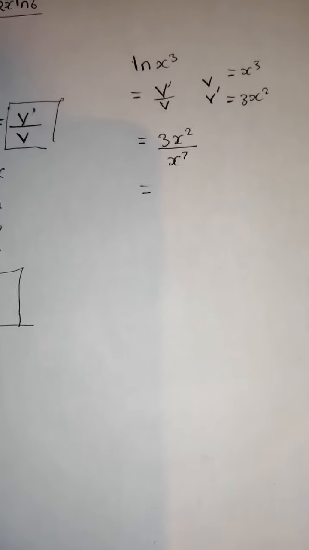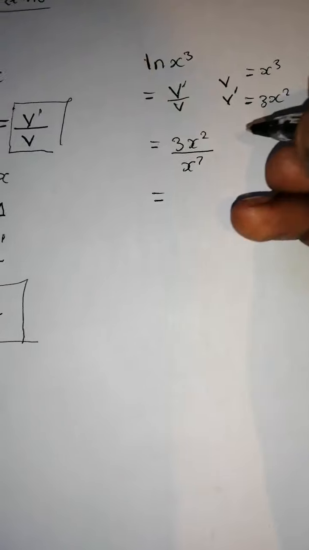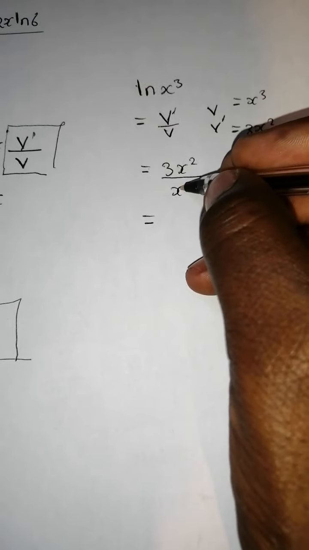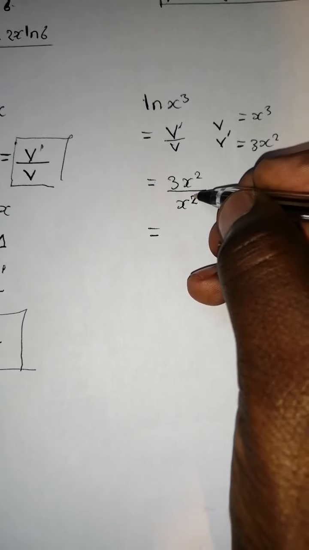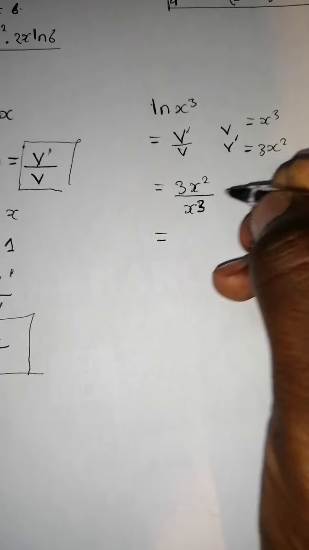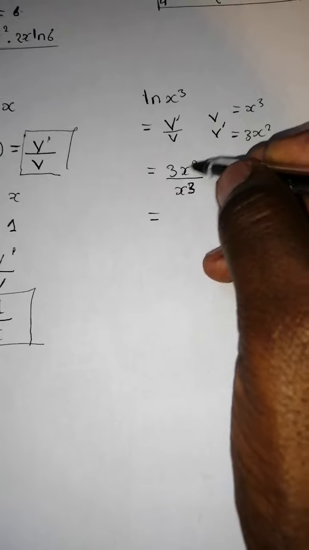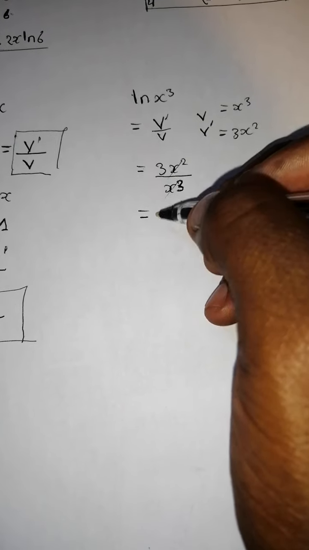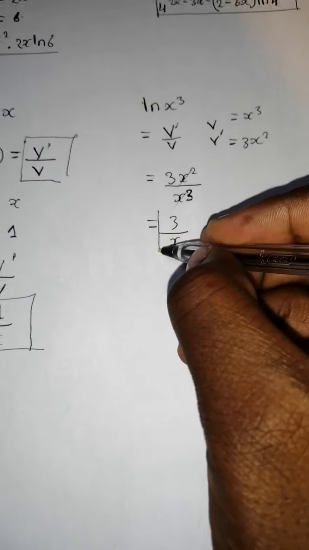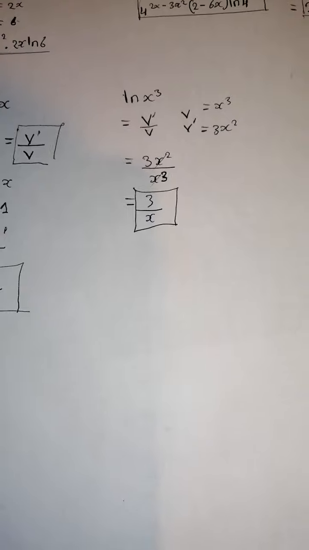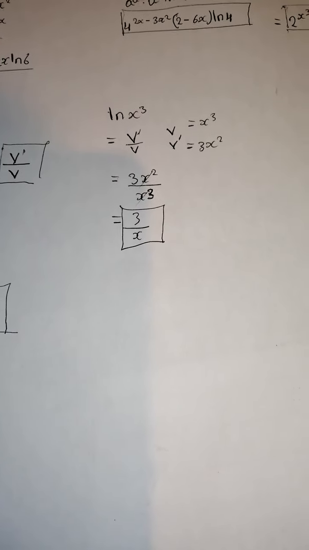Notice that here we can cancel 2 x's on the top and on the bottom, so it will be 3 over x, like that. So this is the answer. That's how we can find the derivative of ln x cubed.